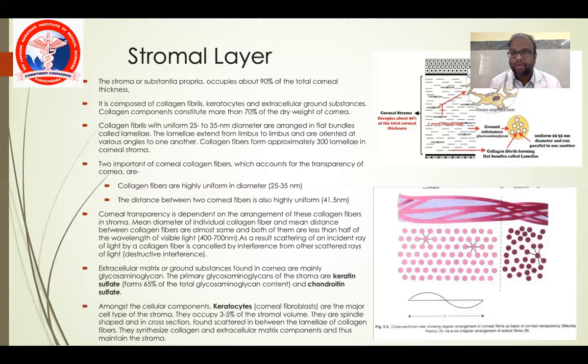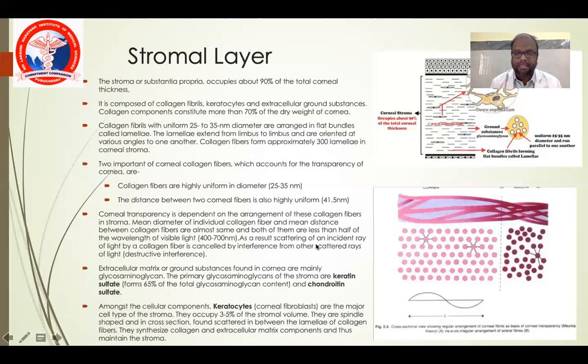That is, they don't reflect the visible light, rather they refract the visible light and allow it to pass into the eye. The normal wavelength of visible light is 400 to 700 nanometers. The thickness and the intercollagen distance are about half the wavelength, that is about say 200 to 350 nanometers.